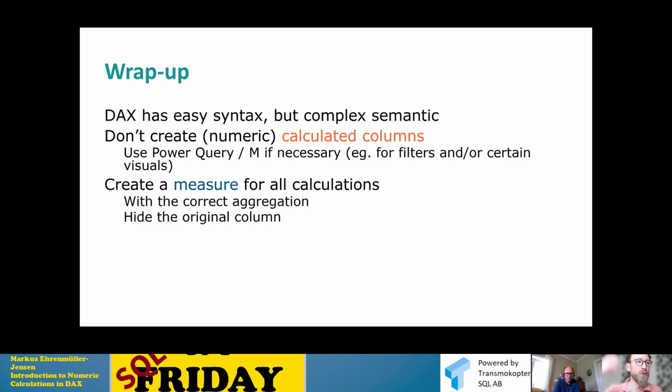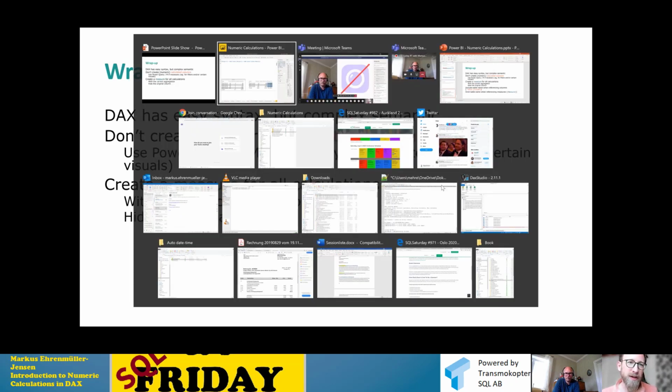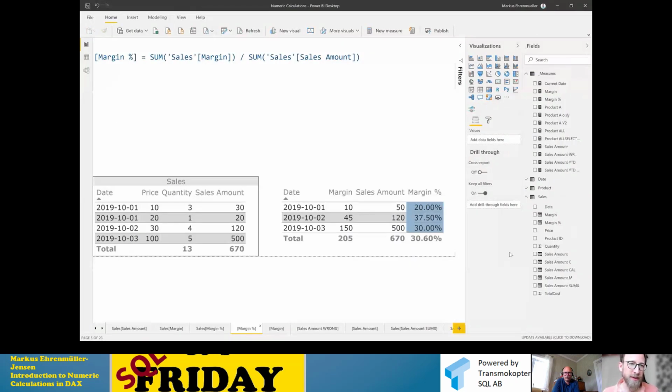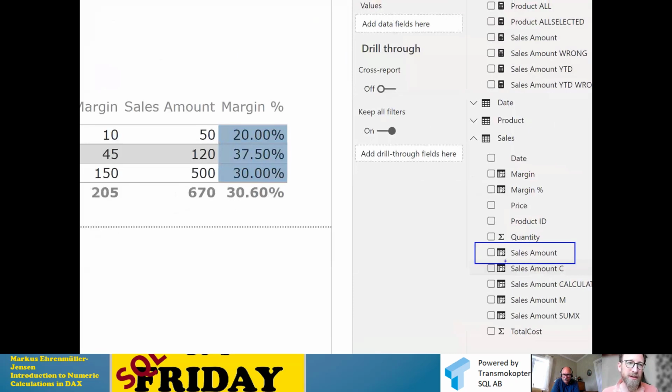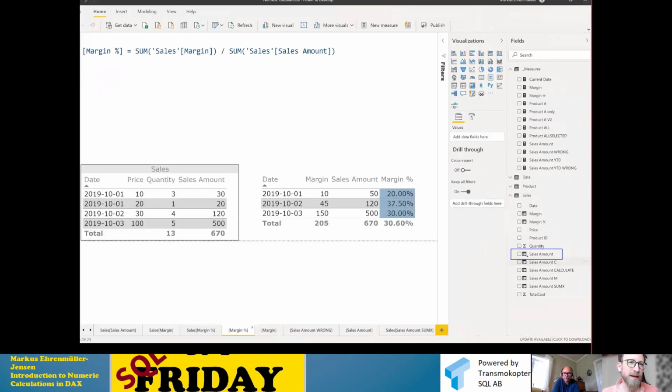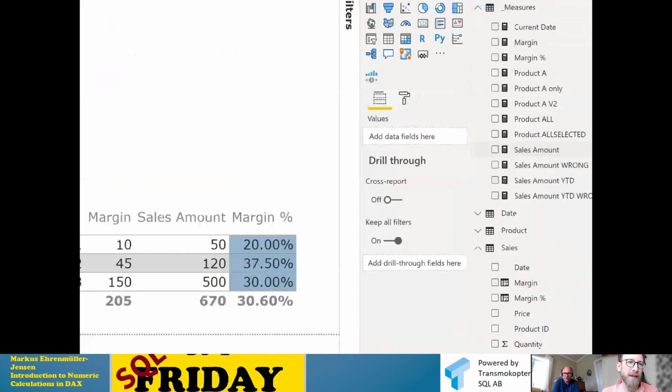Otherwise, you end up with 2 sales amount elements in your model, like I have in my Power BI file. This is only for educational purposes. I have a calculated column called sales amount, down there. Zoom in a little bit. So there's a sales amount here. This is a calculated column, as we can see with this symbol, like a table with a sigma. And I also have a measure up there.